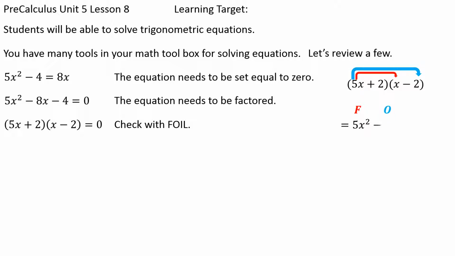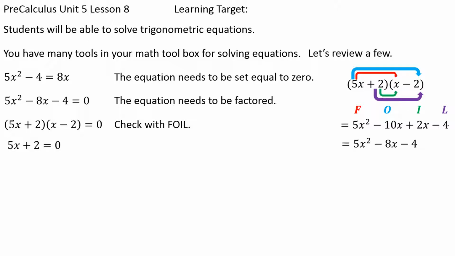Outer gives me a negative 10x. Inner, positive 2x. Last, negative 4. And negative 10x plus 2x becomes negative 8x. So sure enough, I've got a perfect match there.